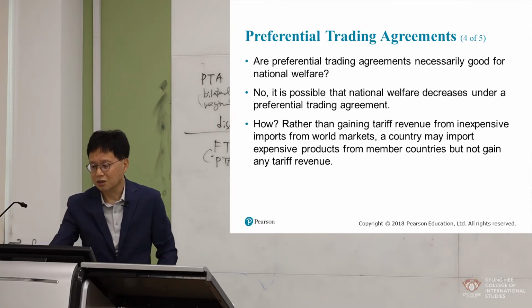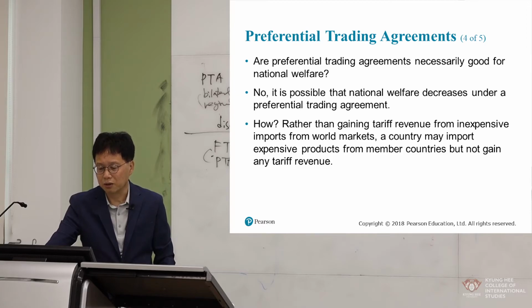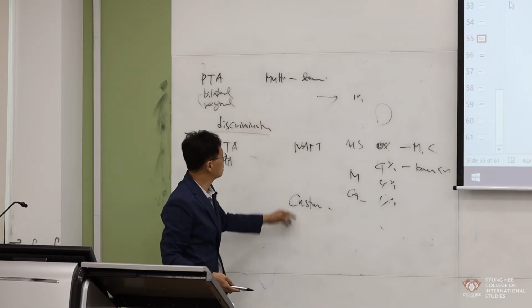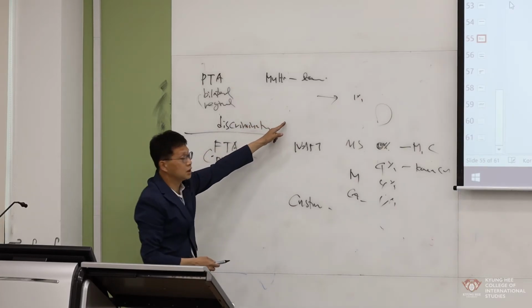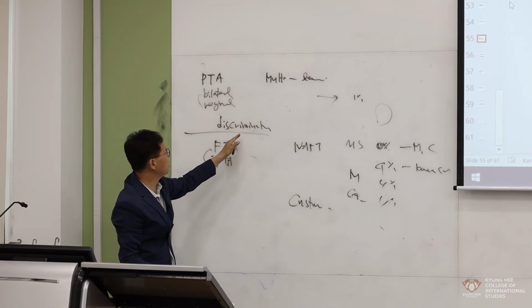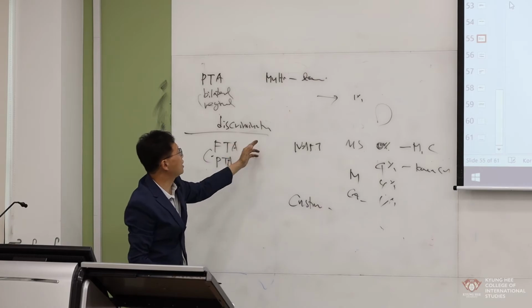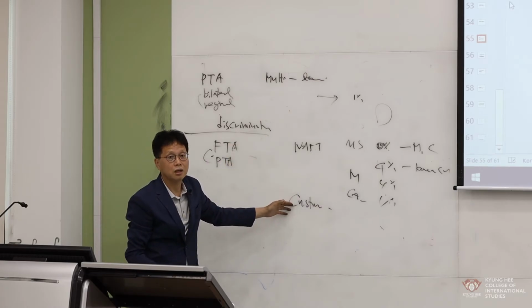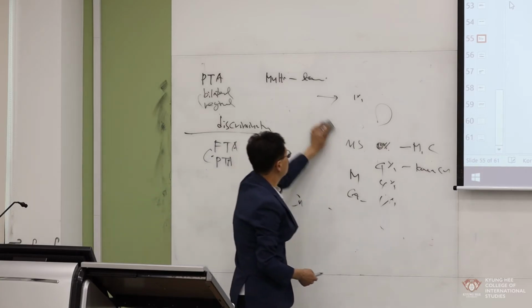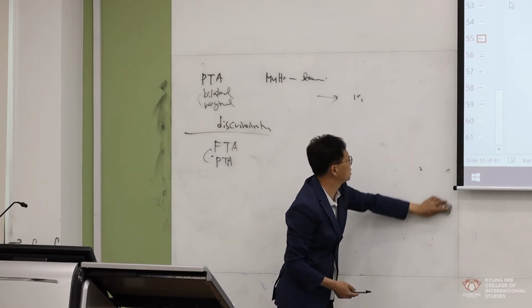Are preferential trading agreements necessarily good for national welfare? Right? So in the earlier slide, I said WTO rules are multilateral liberalization, but in this kind of thing, discrimination happens. In spite of this, WTO allows FTA, right? FTA which has a discrimination thing.